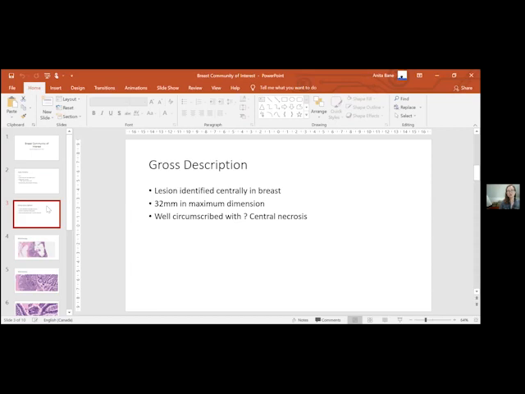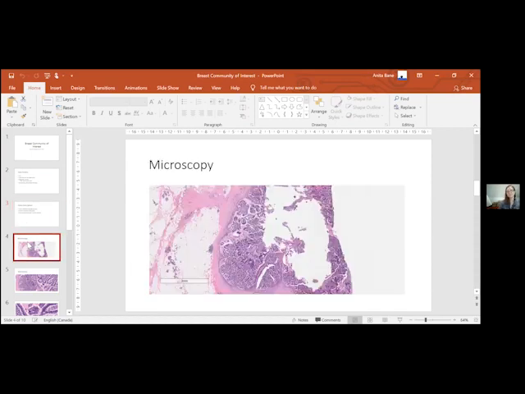On gross description, a solitary lesion was identified centrally in the breast. Maximally, it measured 32 millimeters in diameter, and it was described as well circumscribed with possible areas of central necrosis. And so this is a low power scanning microscopy section.